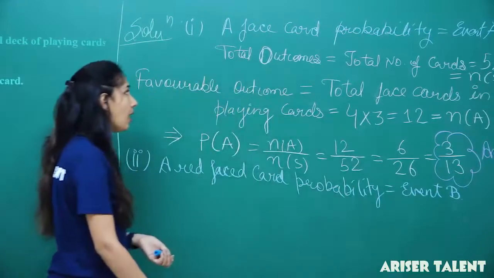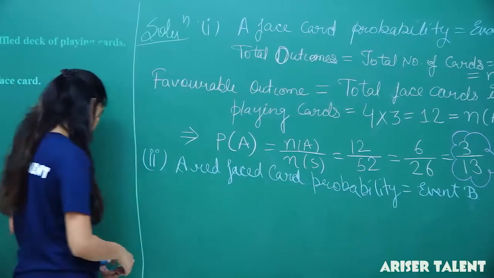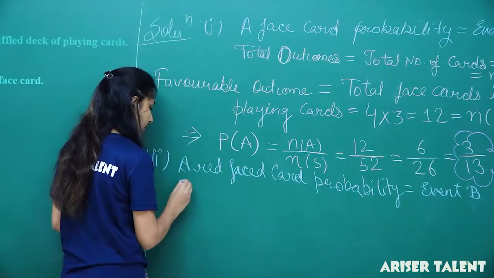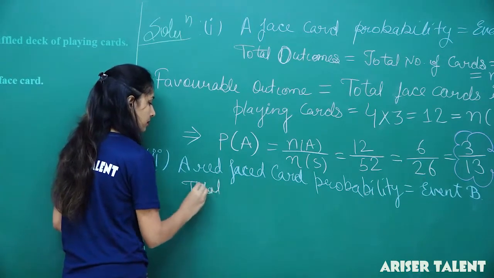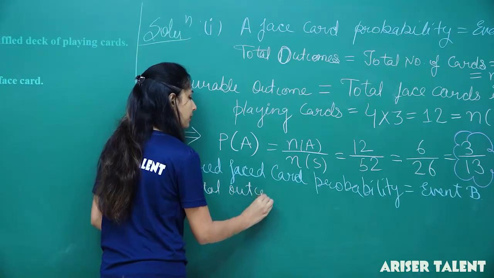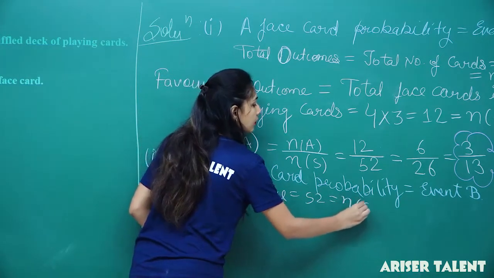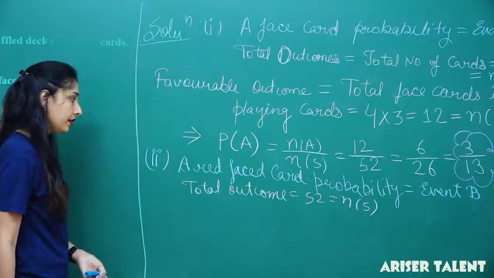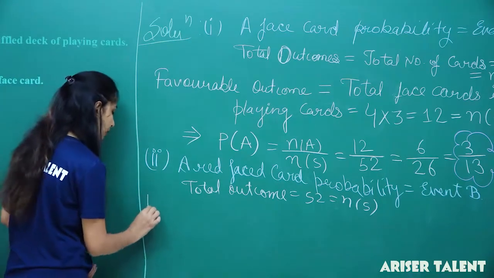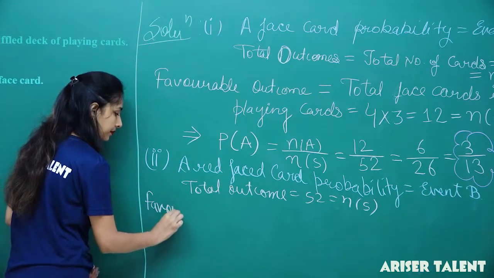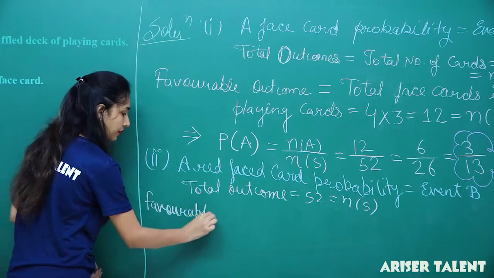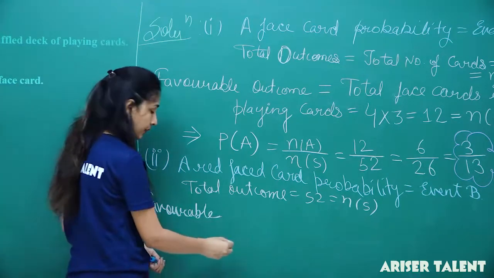Event B. Now, total outcomes are the same. Again, you can write it. Okay, now I am talking about favorable outcome.